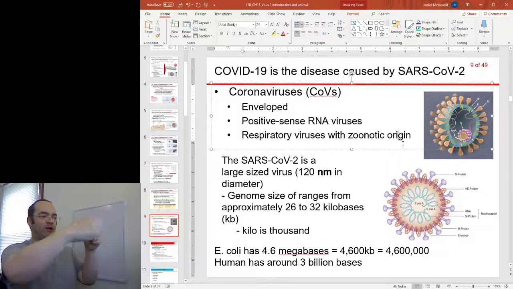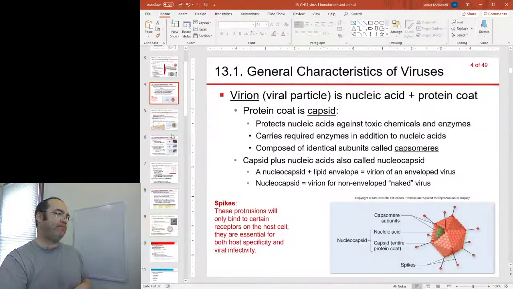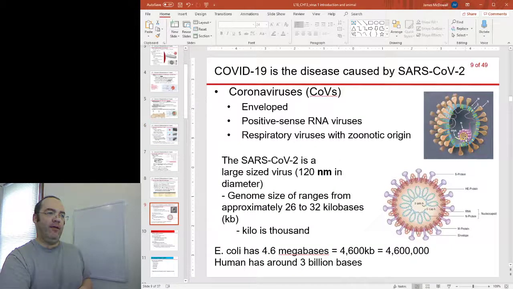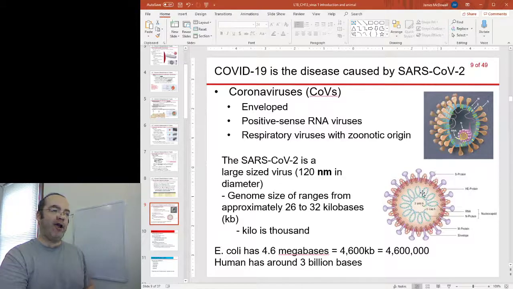The RNA is all curled up, and then it has a helical capsid built around the RNA, and then that nucleocapsid is folded up, and the whole thing is surrounded by a membrane envelope. So in the center here would be our nucleocapsid, the entire thing with the membrane surrounding it would be our virion.